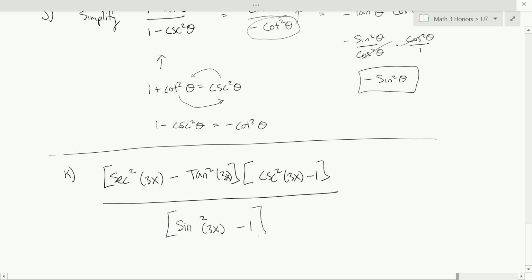Simplify that. Again, the 3x is just an angle. As long as all the angles match, you can ignore them and just carry them along with your work.